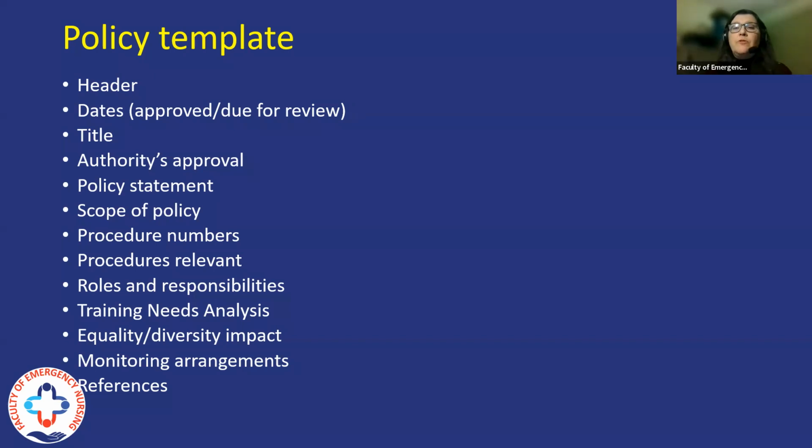There needs to be some sort of equality, diversity, impact assessment, purely because it's about whether any of the protected characteristics, the 10 characteristics protected in law that we have to have consideration for, would be adversely affected by that policy.